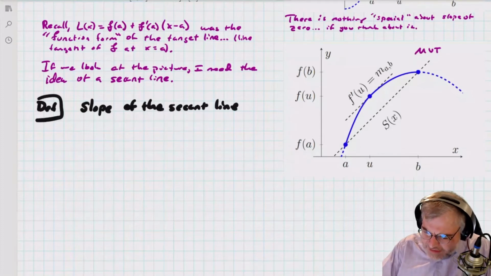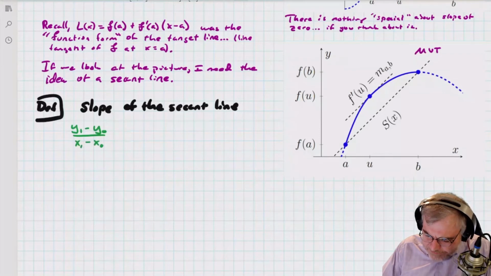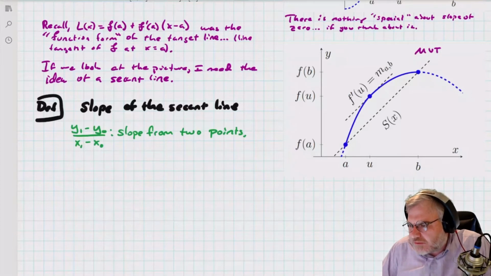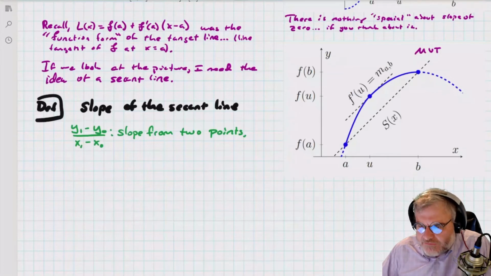If I wanted to find this slope, I would do y1 minus y0 over x1 minus x0. This would be the slope formula from 2 points. How do we feel about that, 1 to 5? A little pre-calc, college algebra, Wayback Machine. 1 to 5, how do we feel about that?